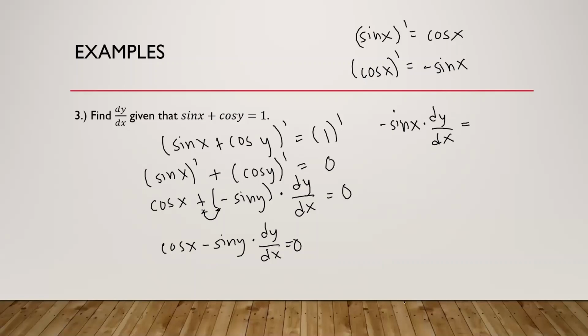Then, what are we going to do sa mga walang dy over dx? Siyempre, ililipat natin sa kabila. Yung cosine x sa left side, pag nilipat siya sa right side, it will be negative. So, change sign. Okay. So, to find the dy over dx, okay, keep in mind that the right side ay magiging numerator.